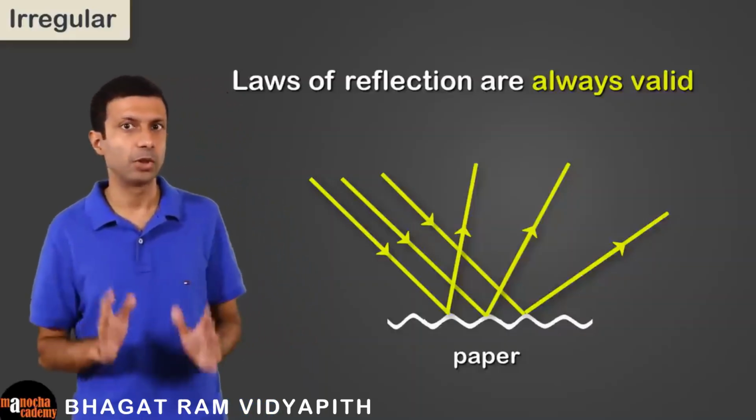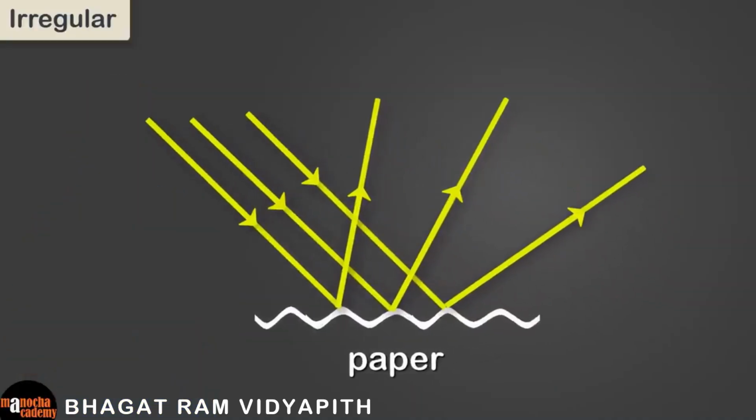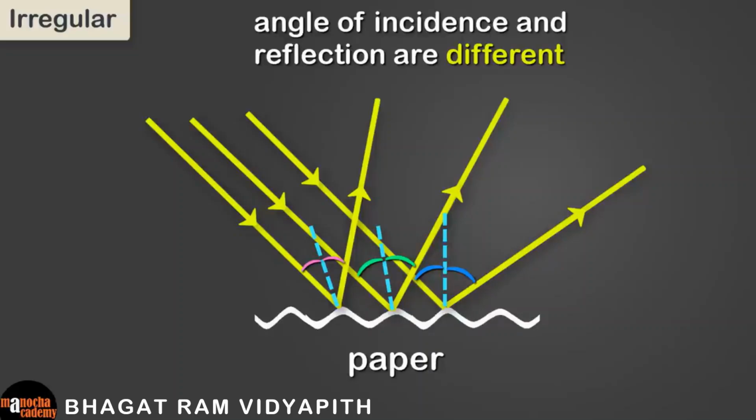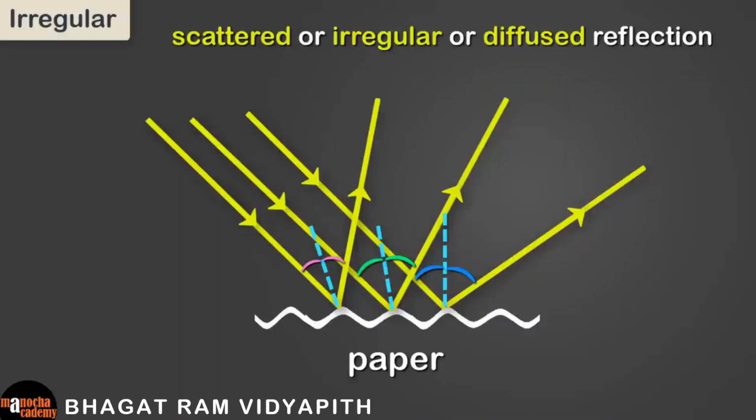The paper seems smooth, but if we look closely at a microscopic level, the paper is rough. So as you can see here, the angle of incidence for the different rays in the beam are different. And so the angles of reflection will also be different. And this is how the light gets scattered in different directions. So it's called scattered reflection.